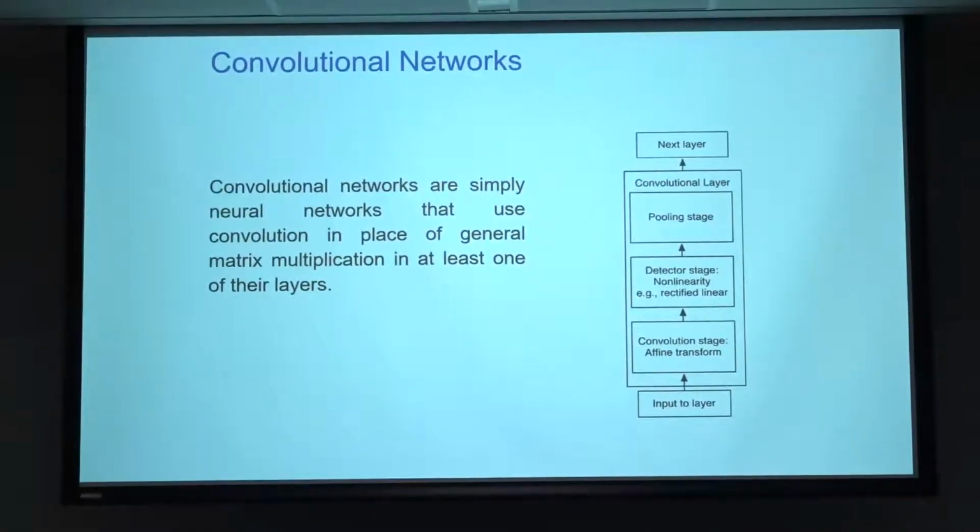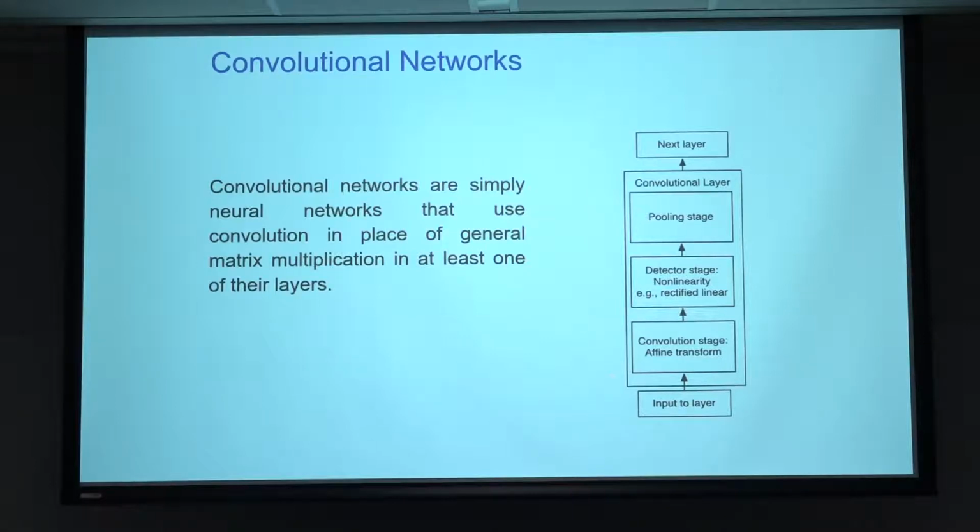And a convolutional layer is a layer consisting of three parts: convolutional stage, detector stage, and pooling stage. These three together in a layer make a convolutional layer. And if you have a neural network with at least one convolutional layer, then this network is a convolutional network.